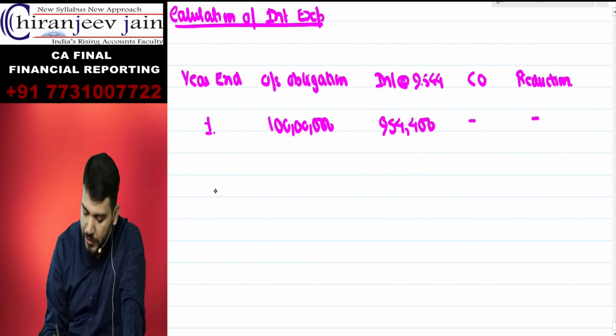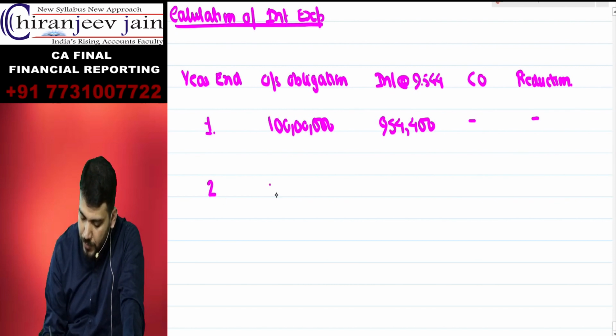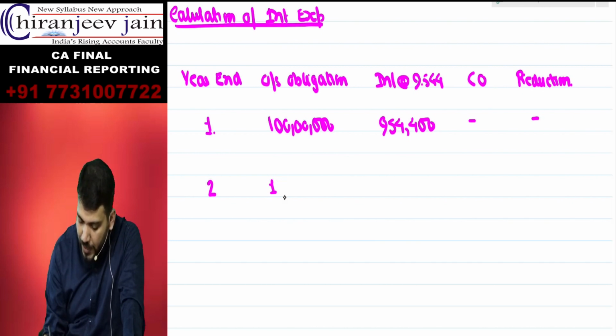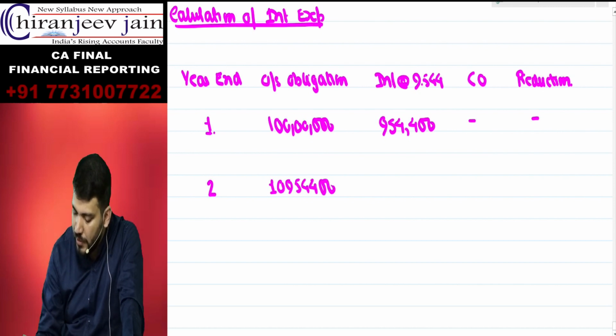So second year it will be 1 crore 9 lakh 54,400. Sorry. What is the cash outflow? 1 crore 20 lakh.